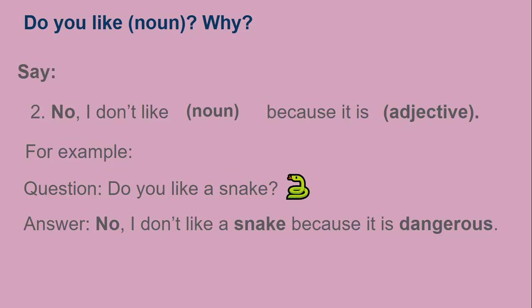Not only that, we can also put an adjective after a verb to be. A verb to be can be is, am, are, was, were, and be.